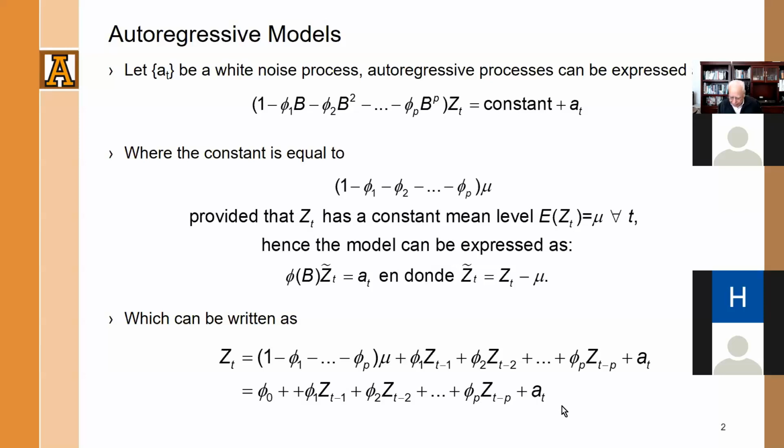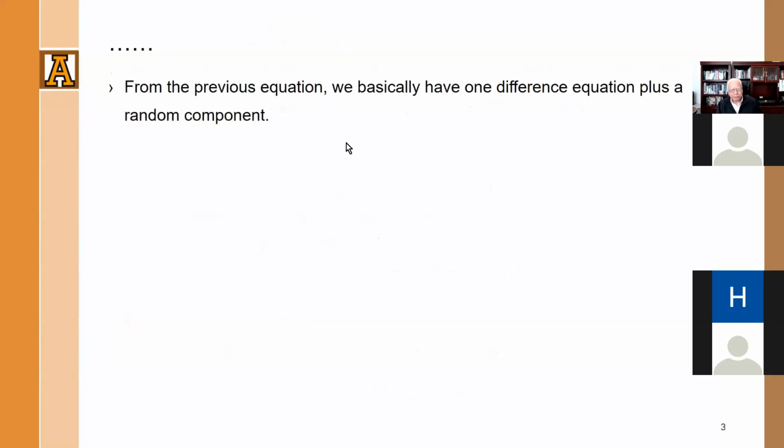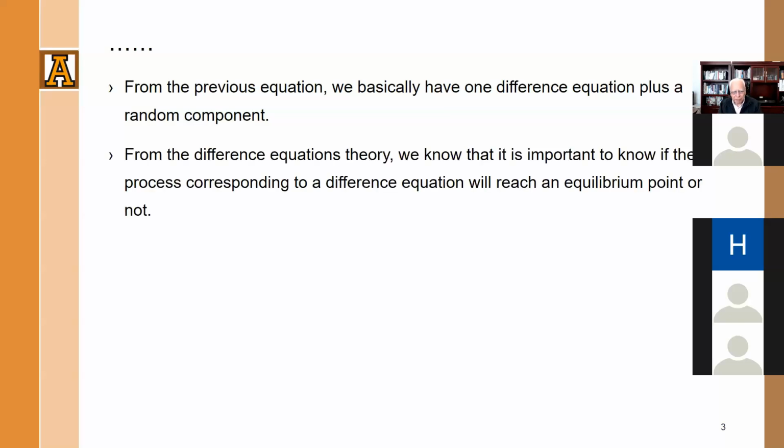That's why we call this an autoregressive model, because we are essentially writing a regression of the variable Z_t on itself with the past values of Z_t. From the equation that I drew a little bit earlier, we only have a difference equation plus a random component.